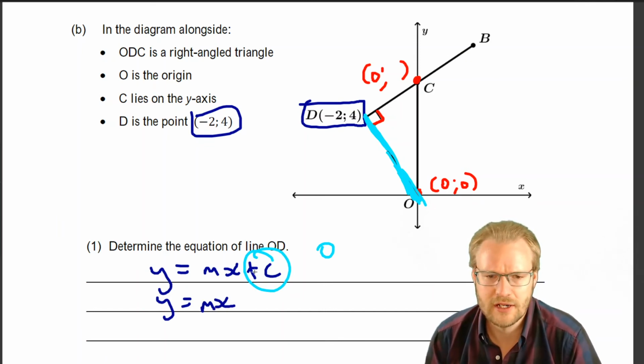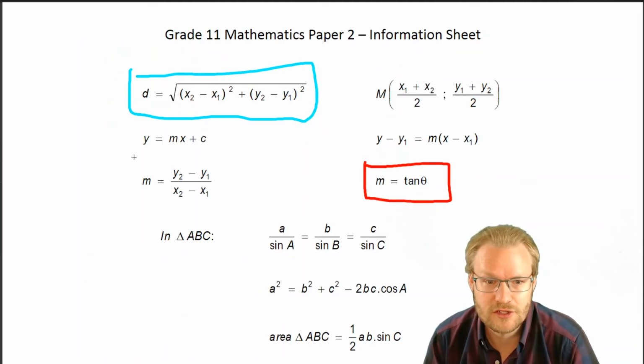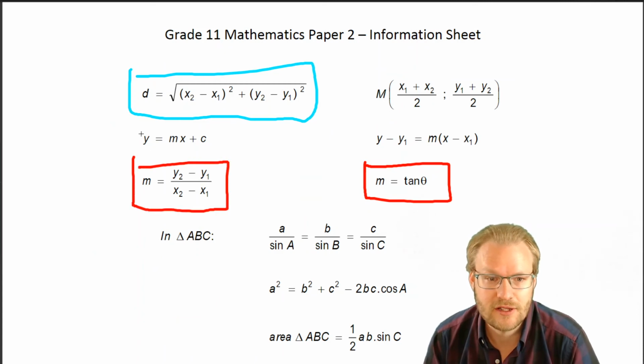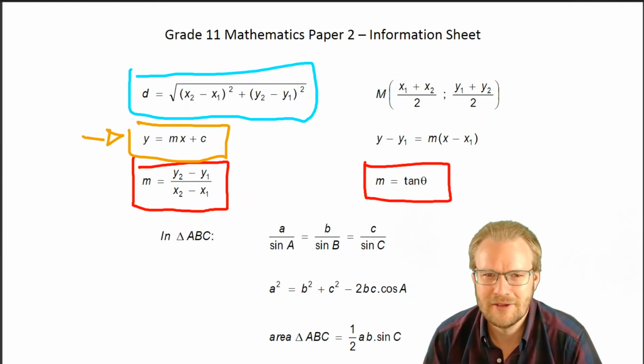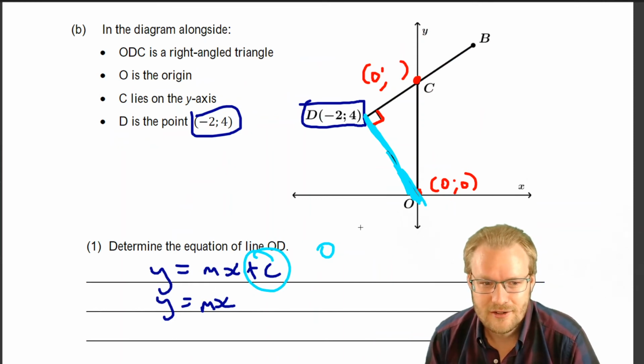Okay, how do we work out gradient? In fact, it's even on your formula sheet here. I mean, look, you even get given the equation of a straight line. Come now, we know that one. Okay, so we've got mx, c is 0. Let's just work out m. M equals rise over run.